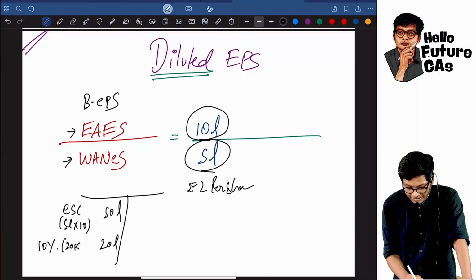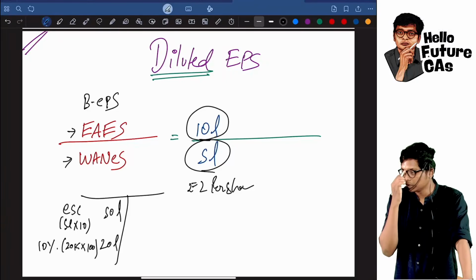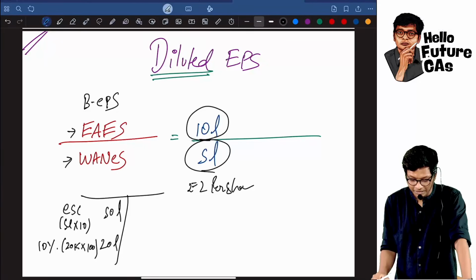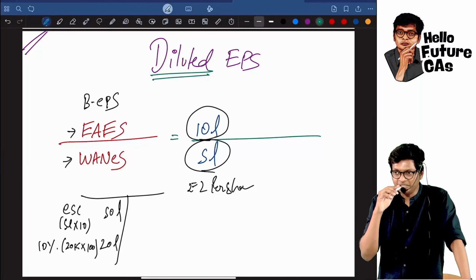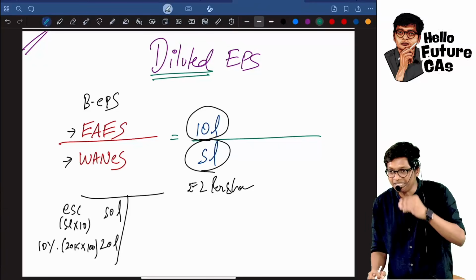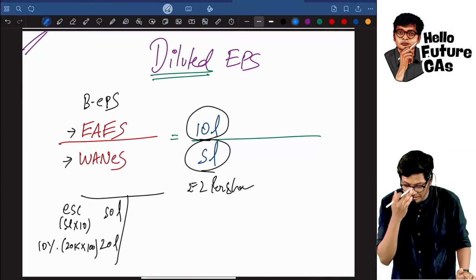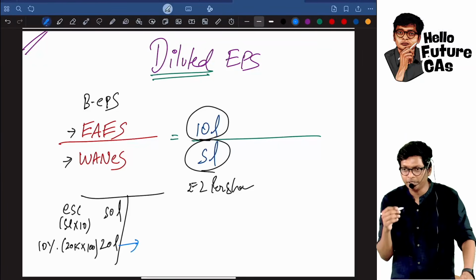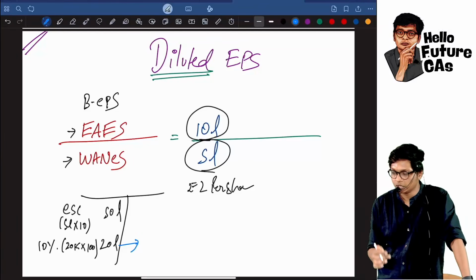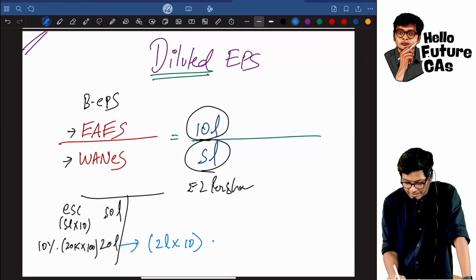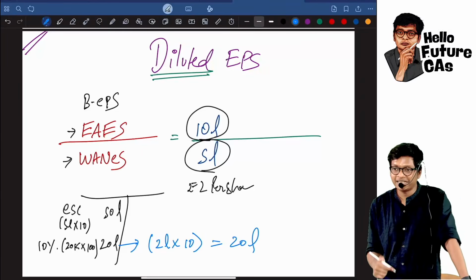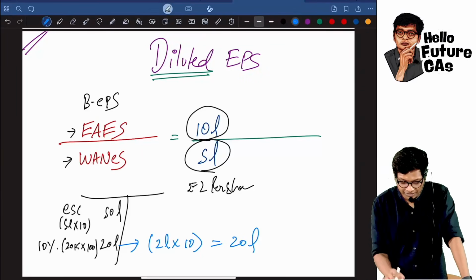And after the next 2 or 3 or 4 years, sometime in the future, it is planned that these debentures are going to be converted to equity shares. Sir, how are they converting? We are converting this into 2 lakh equity shares of 10, which becomes 20 lakhs. Are you following, guys? Look at this carefully.